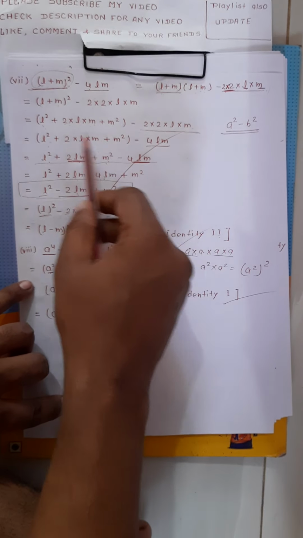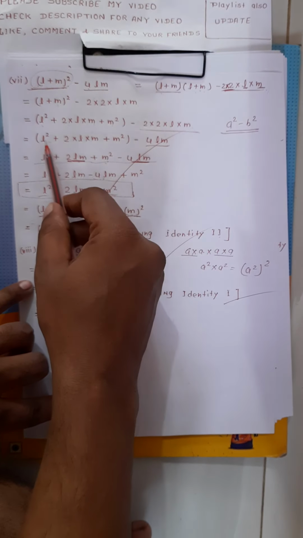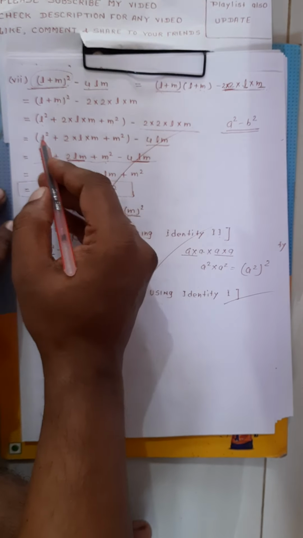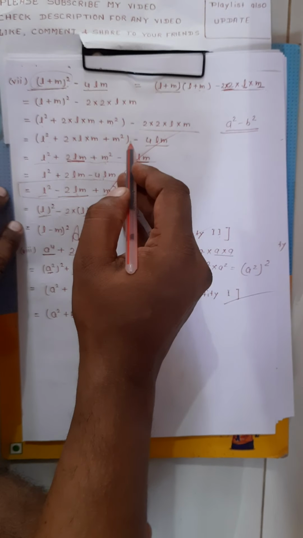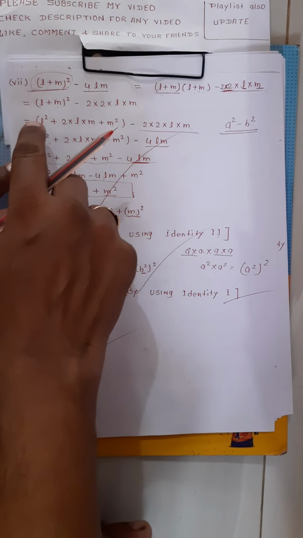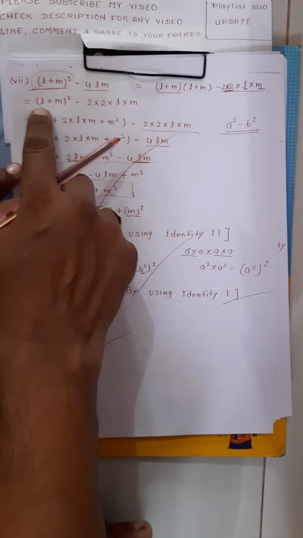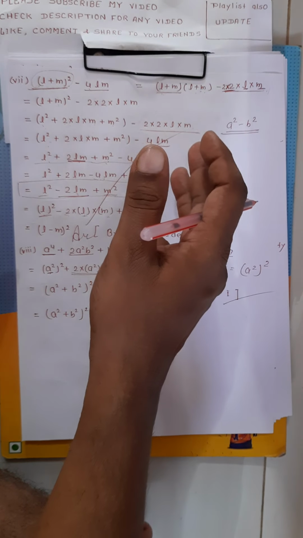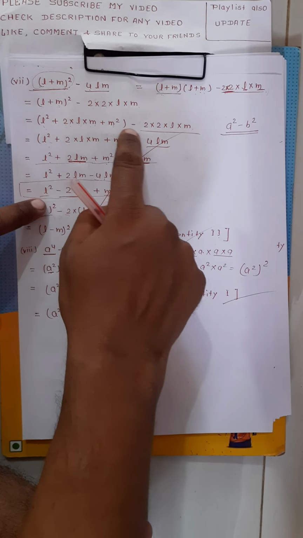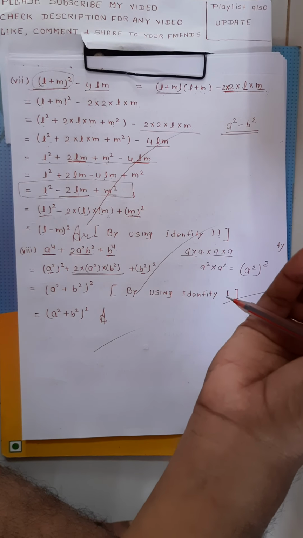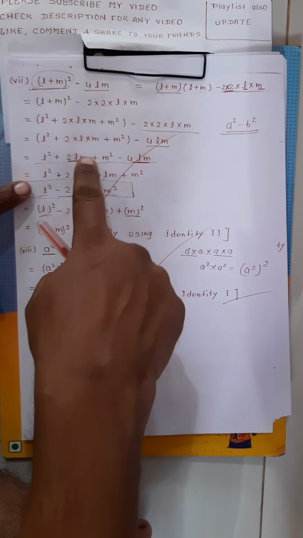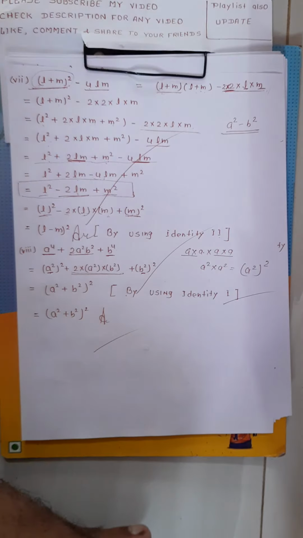Now we can remove this bracket because all come in single terms. If there were any common factor outside this bracket, we would first multiply it by all terms, then remove the bracket. But here there is none, so we remove this bracket and our value becomes l square plus 2lm plus m square minus 4lm.